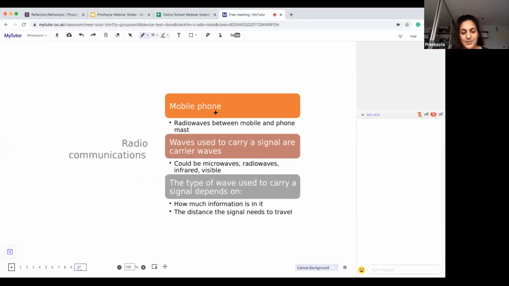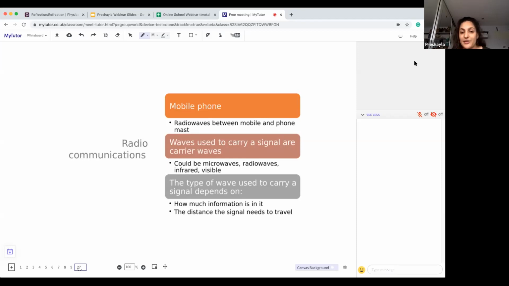What we looked at last week was radio communications. So what we said was the left hand side of the electromagnetic spectrum, so that's radio waves, microwaves, infrared and visible light, can all be used for communications purposes. So one of them is radio communications.